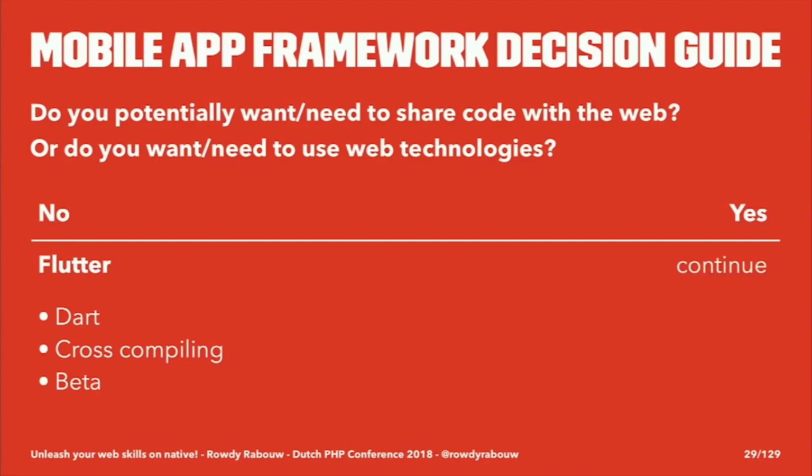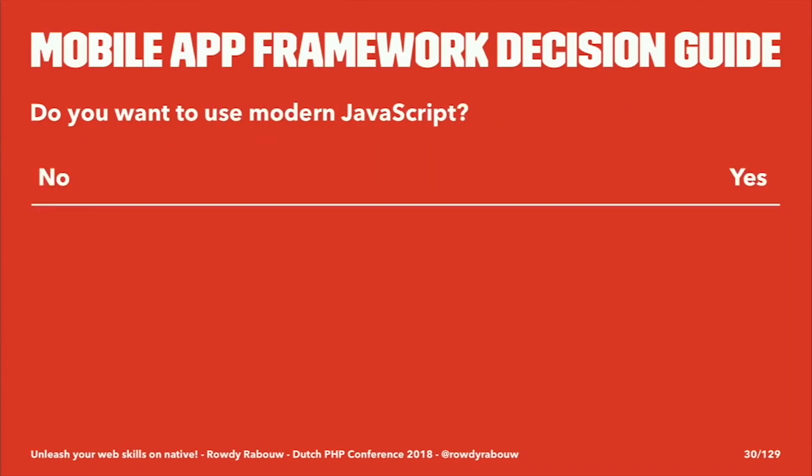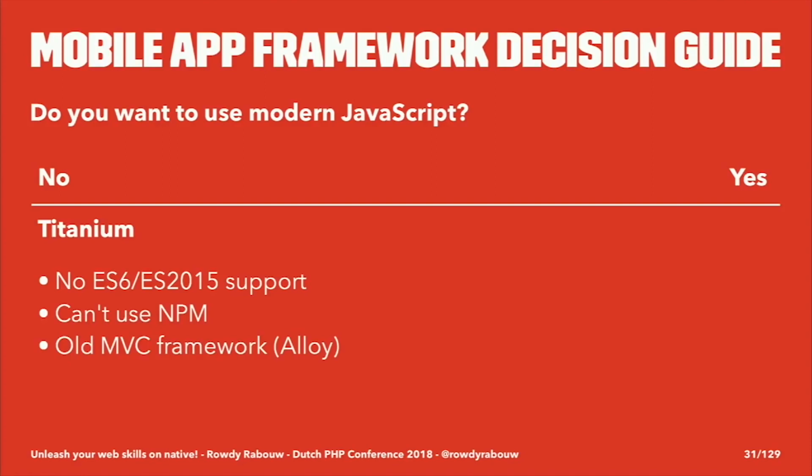But I'm a web developer, I don't know any of this stuff, so let's go JavaScript. Do you want to use modern JavaScript, or don't you really care? If you don't care and don't need to, you can use Titanium. That's a JavaScript platform that also will generate native apps. But there are some downsides, like you can't use NPM, no ES6, 7, 8 support, so you're a bit limited.